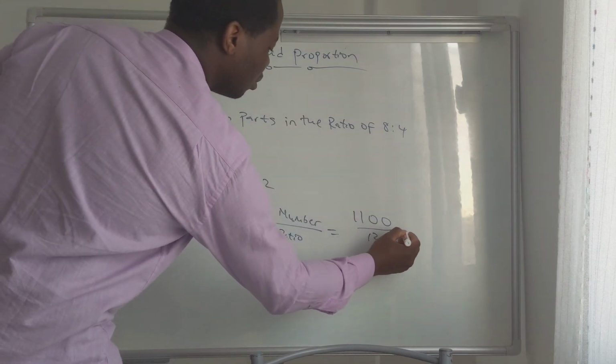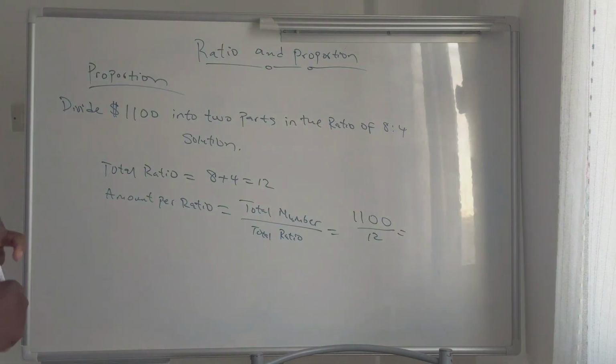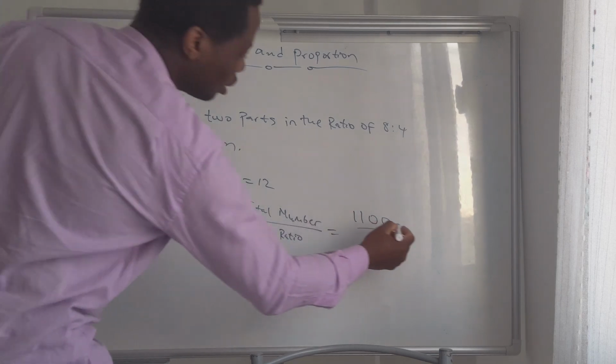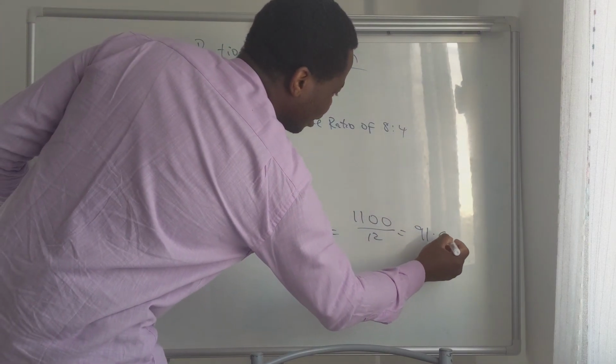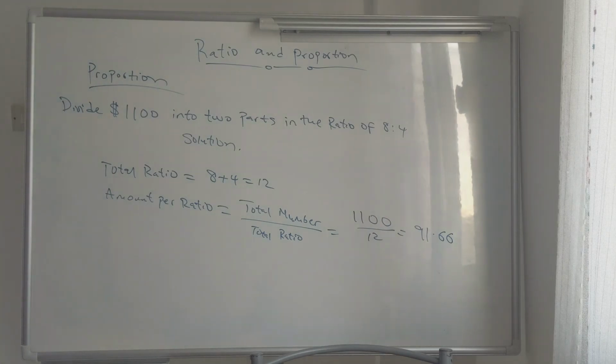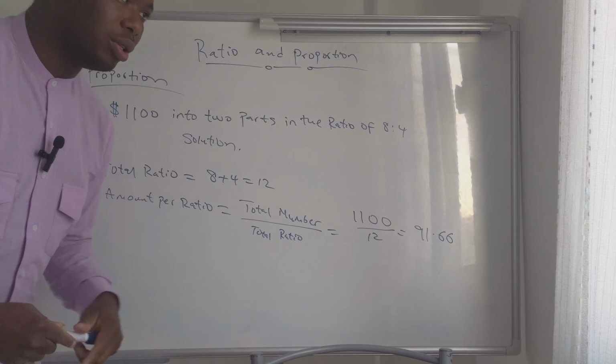So this is 91.66. I hope we're all getting it. So we're finding the amount per ratio.